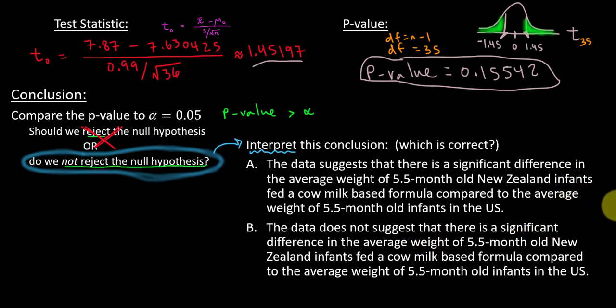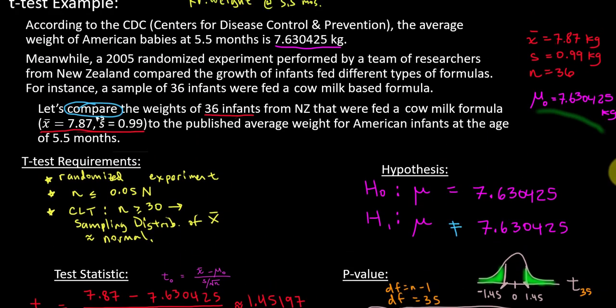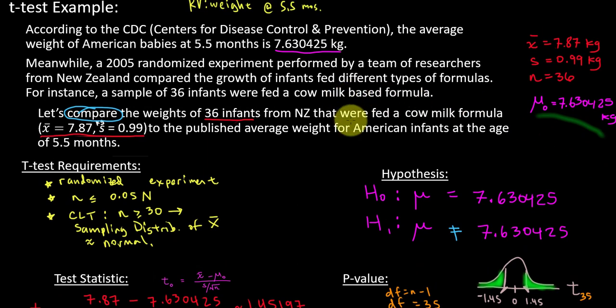So before we make our choice, let's just do a recap of what this problem was all about. The American Centers for Disease Control has this published weight for infants at 5.5 months old. Here, this sample from New Zealand, we are comparing this sample to this other baseline value.